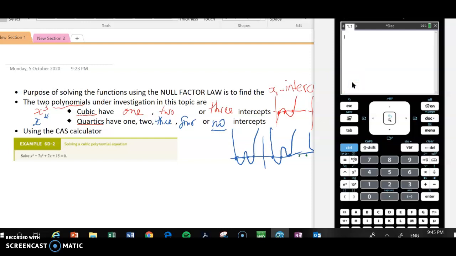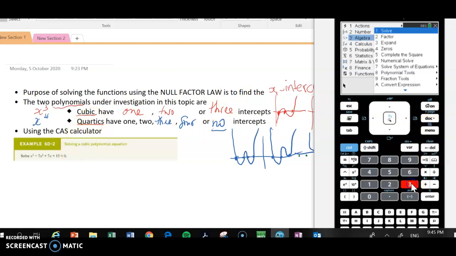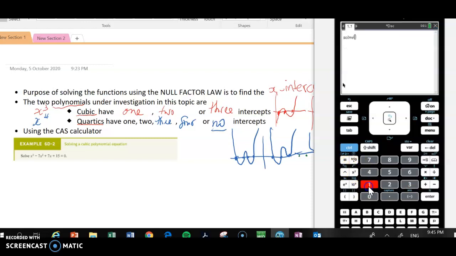I'll demonstrate that to solve this, we'd use menu 3, 1 to solve, and type in the equation. In this case, it's x cubed.